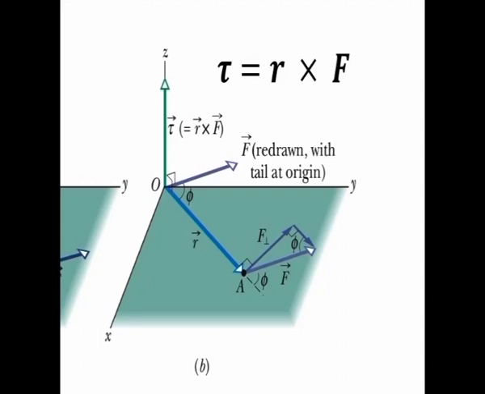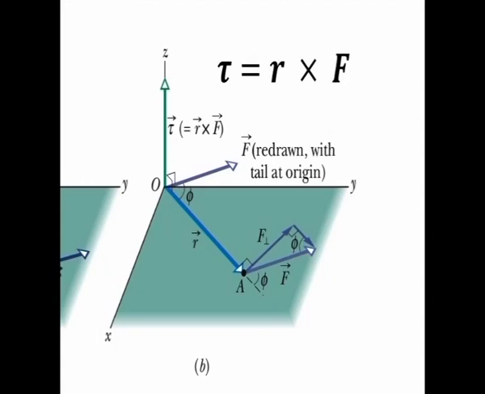We then use the right hand rule for vector products, sweeping the fingers of the right hand from r, the first vector in the product, into F, the second vector. The outstretched right thumb then gives the direction of torque. In figure B, the direction of torque is in the positive direction of the z axis.